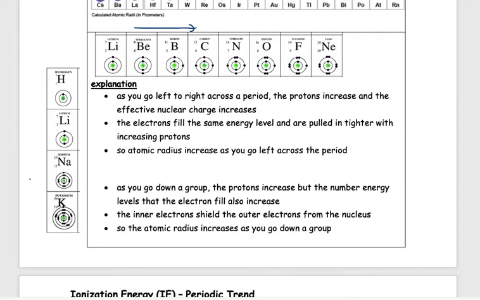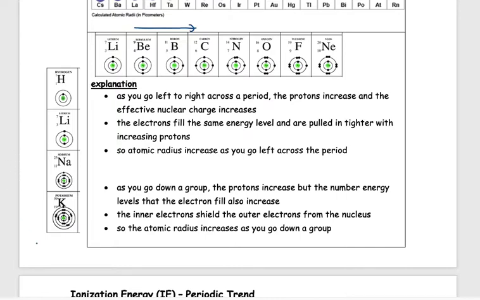Okay, what if we're going down a group? What's happening here is that we have more and more rings, and so you will have the shielding effect happening, right? You're going to find that the nucleus is getting further and further away from those valence electrons, so you can't pull those electrons in as well.